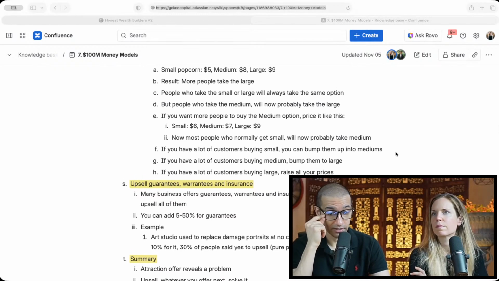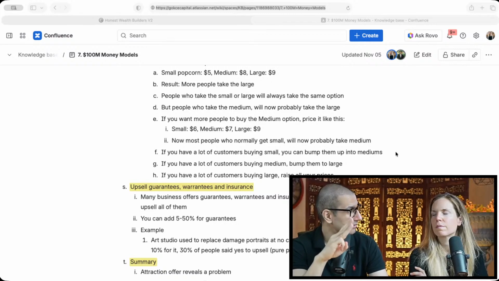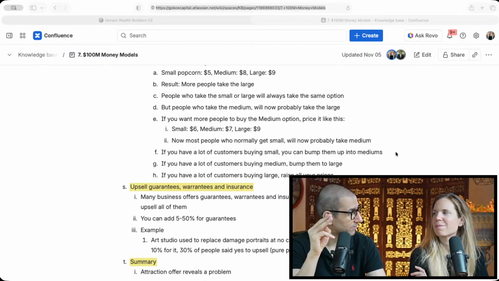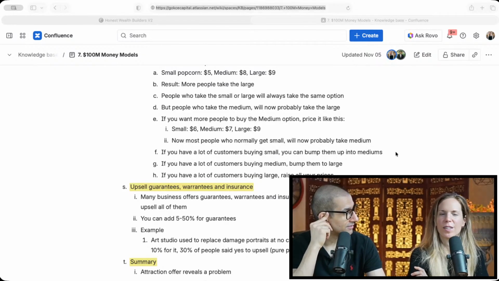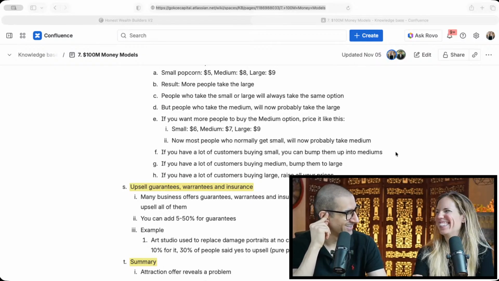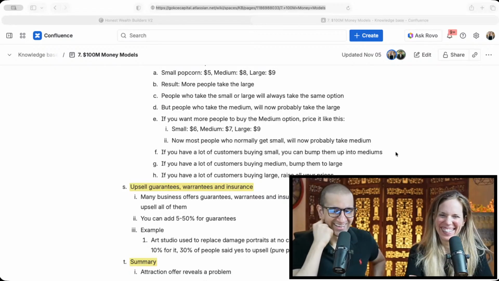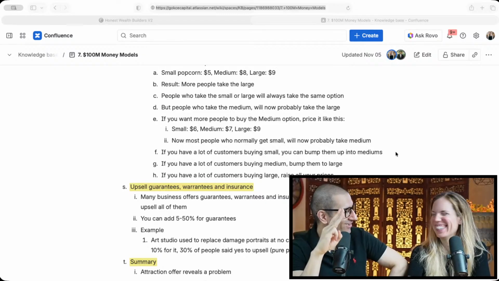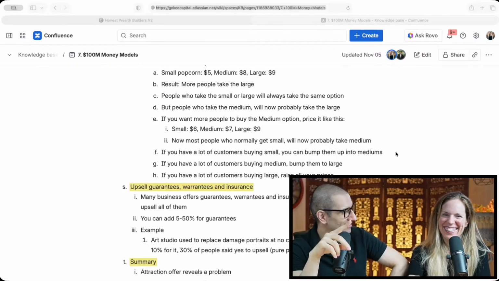Which one would you buy if you had 3 options for popcorn? $5, $8, $9. I guess you don't eat popcorn. No. But I would take the small if I was. What are you saying? What about broccoli? If you went to a theater and they gave you 3 broccoli options, small, medium, or large.